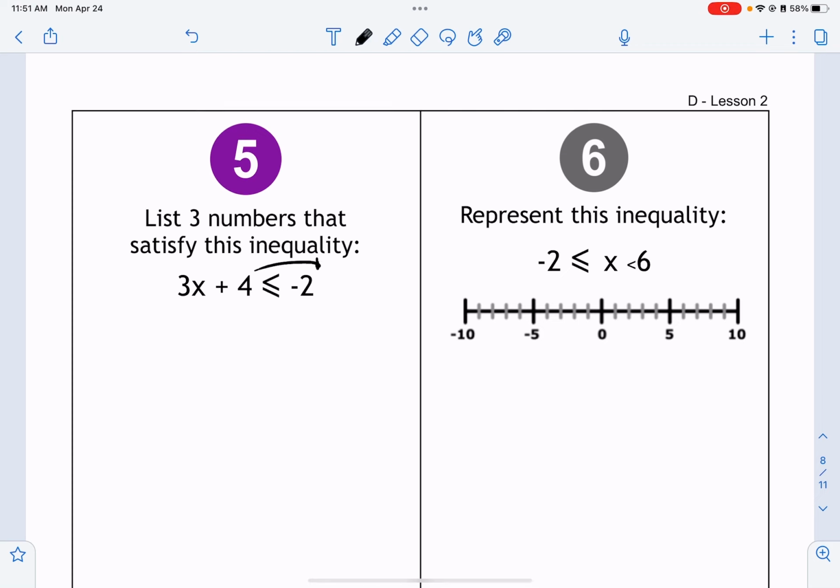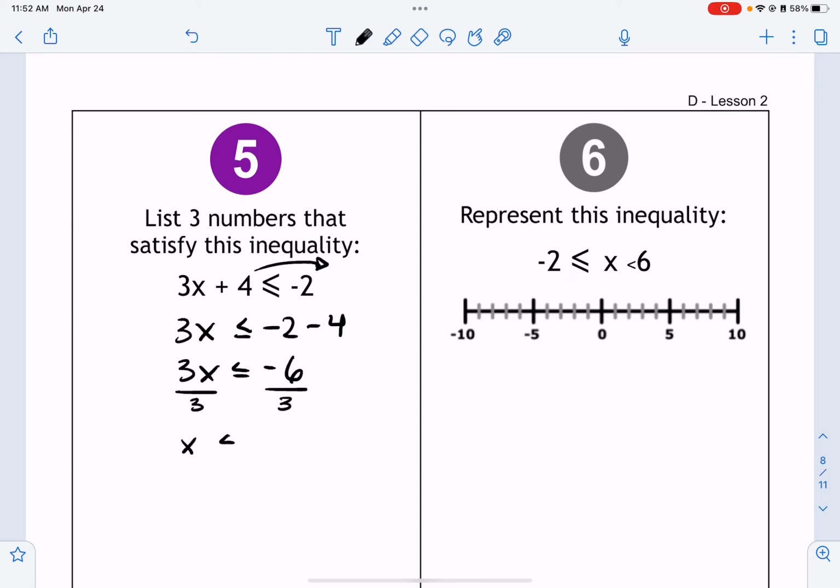Let's move the 4 over where it becomes a negative. So now 3x is less than or equal to negative 2 minus 4. Does that make it easier? Well, it should, because now we know 3x is less than or equal to negative 6. That's a little easier to visualize because 3 times a number must be less than or equal to negative 6. Can we do it even more? Well, let's divide by 3.